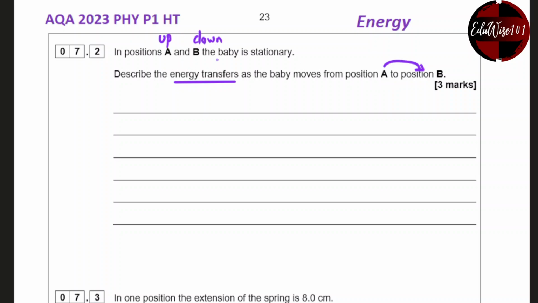When the baby is in the up position, the baby has gravitational potential energy. When it goes down, it gains kinetic energy, and when it's in the resting position at B, all of the kinetic energy is then changed into elastic potential energy. And those are your 3 marks.